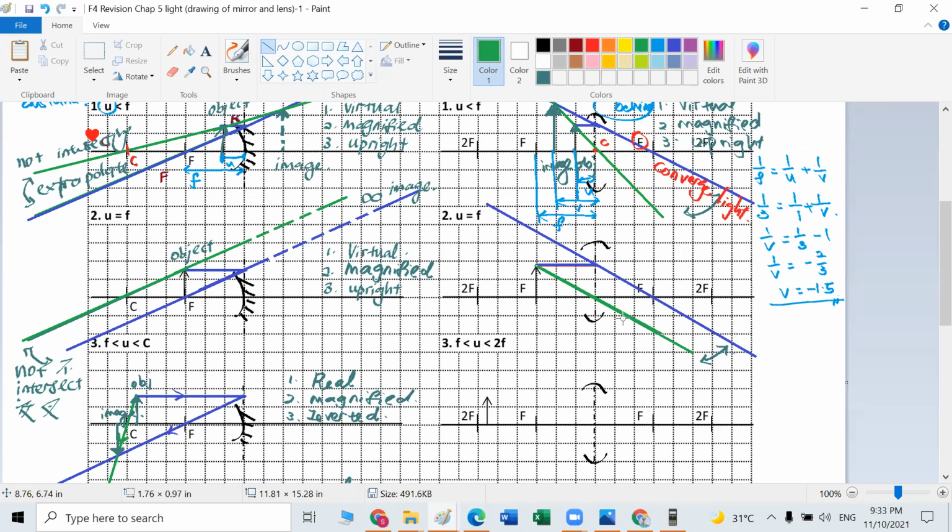I believe until now all of you can draw already. You no need wait for me. You can draw everything you want. Then don't forget to write the characteristic. So it's the same thing: virtual, magnify, and upright.